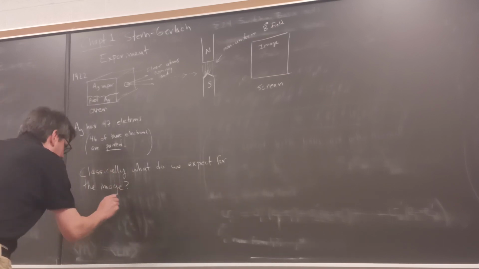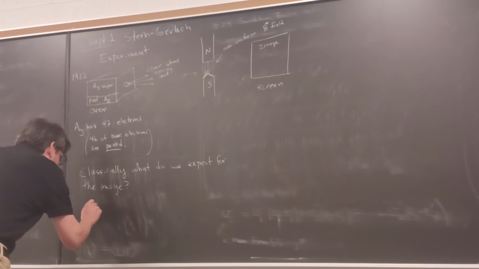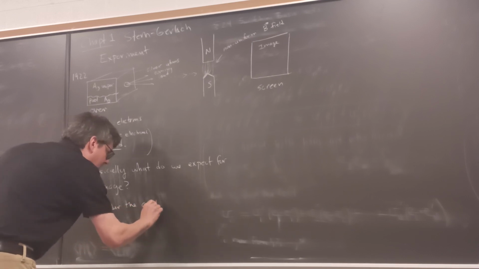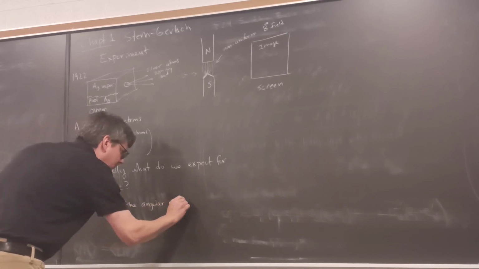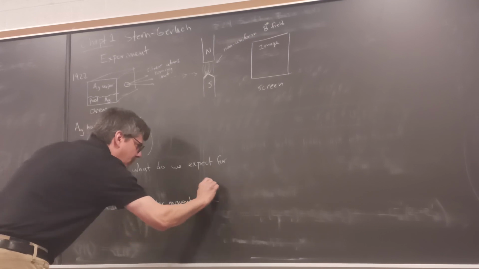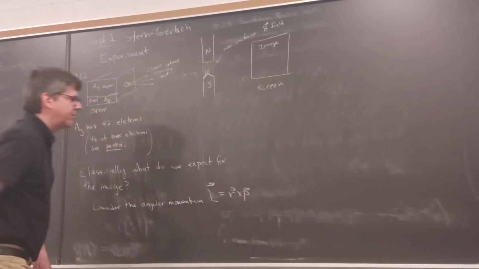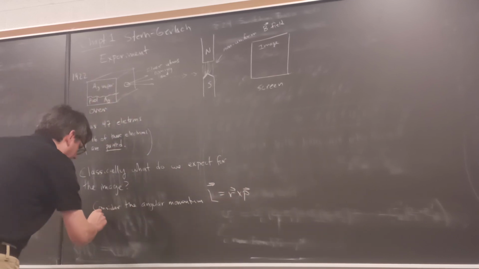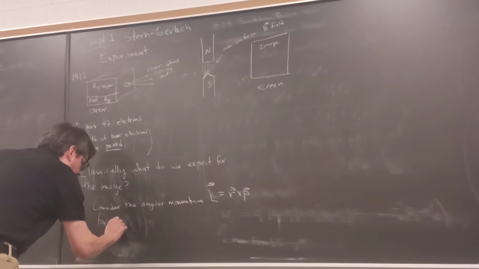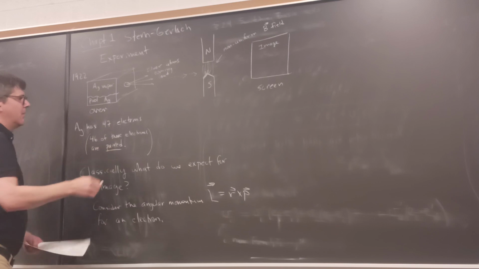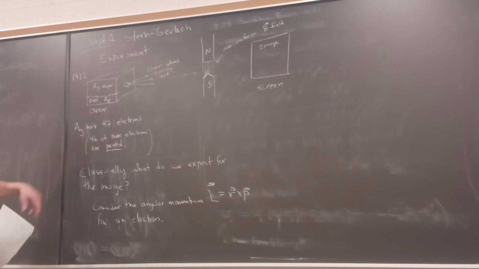So we have to take into account the angular momentum, L, which is just r cross p. So we want to consider the angular momentum for an electron. And we're assuming now, because 46 of these other electrons are paired, this is an even number.